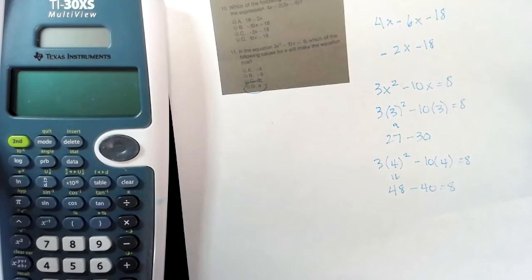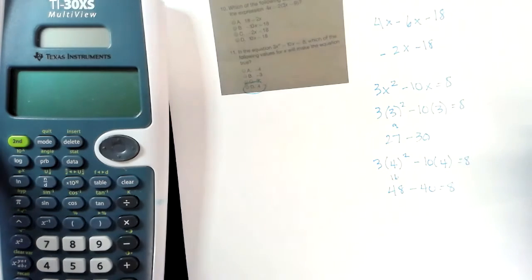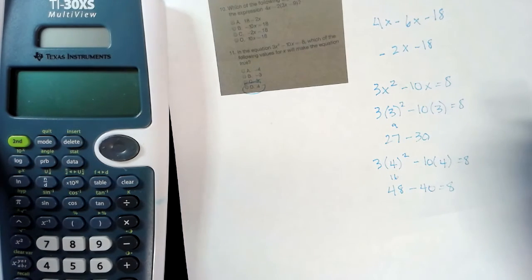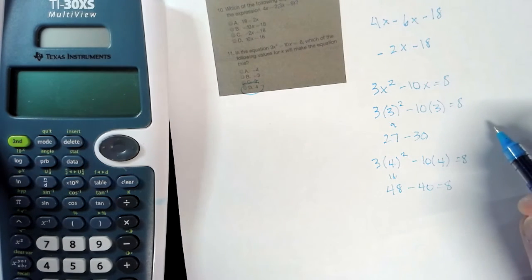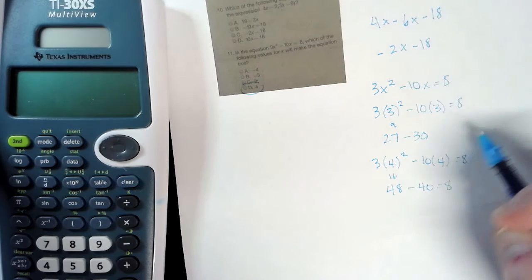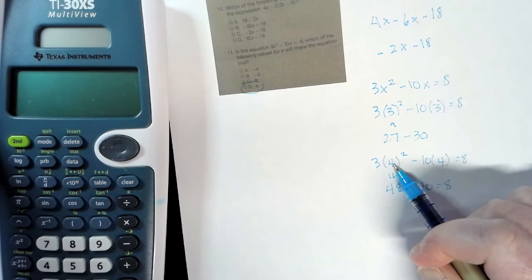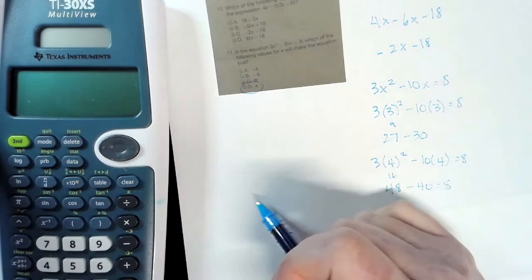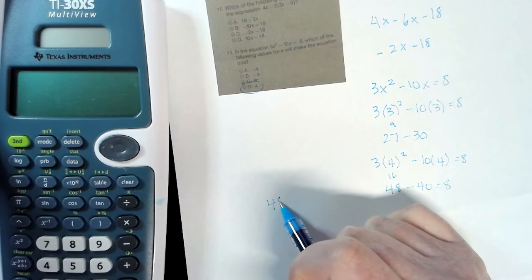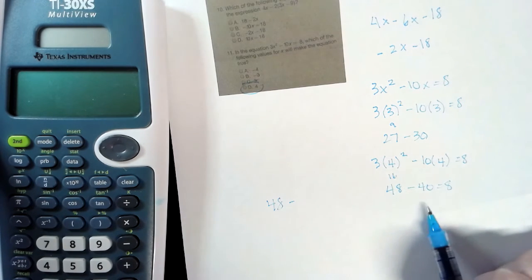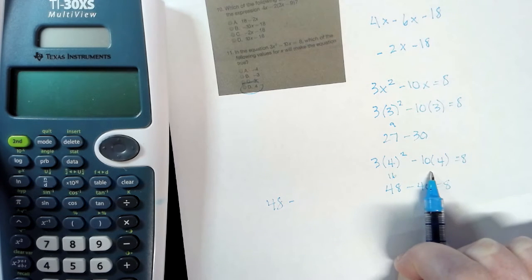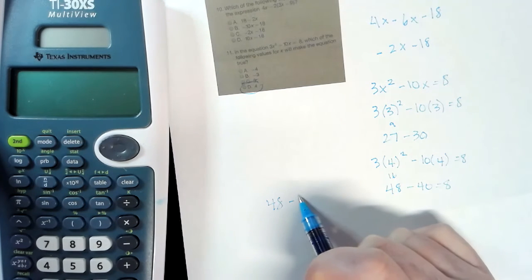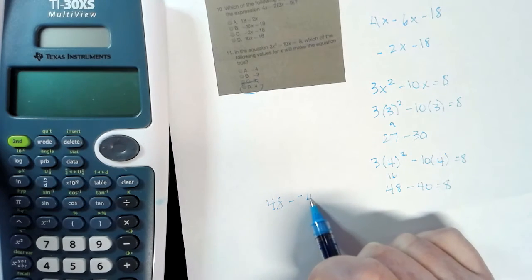And if you started with A, it doesn't matter really where you start. I just have a personal preference of knocking out the positives because they're faster. But if you start with A, it's not going to come out quite right, because you're going to have -4 times -4 is still positive 16. So you're going to begin A with 48 minus 10 times -4. So it's going to look like this.